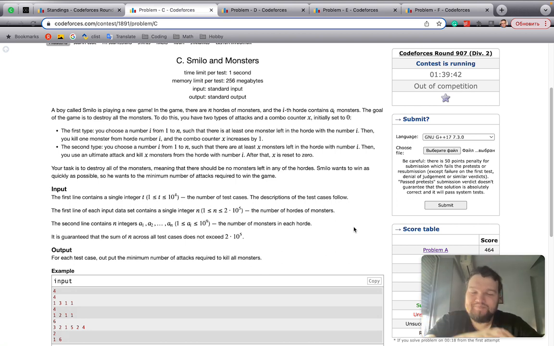And we want to minimize the number of combo attacks. Fewer combo attacks means that every combo attack should be big. So it makes sense to spend combo attacks on big monsters.